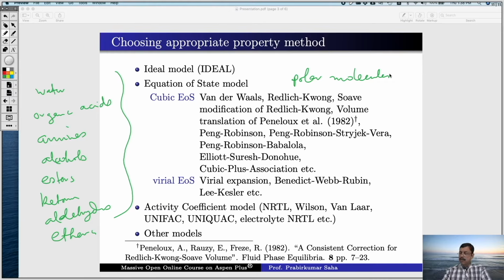And there is a good chance that your system will deviate from ideality.